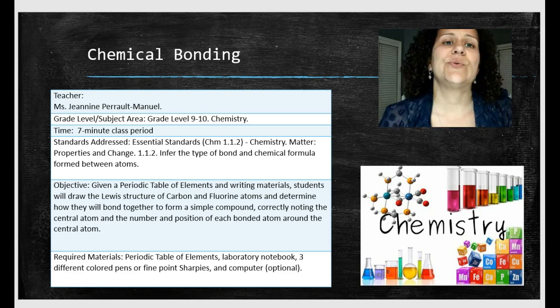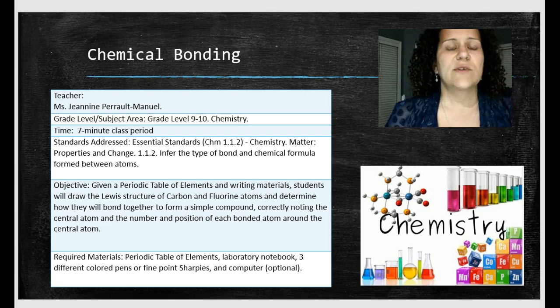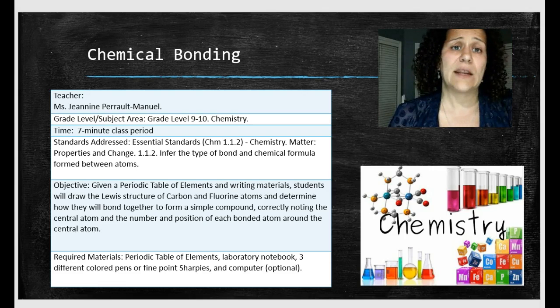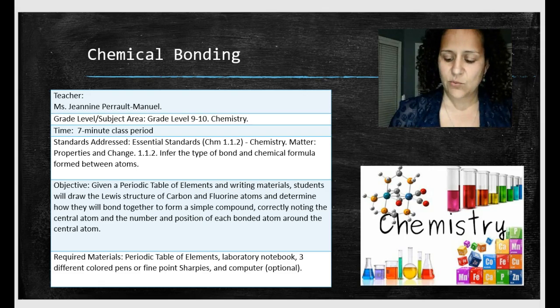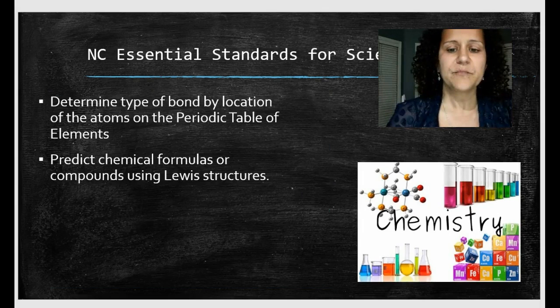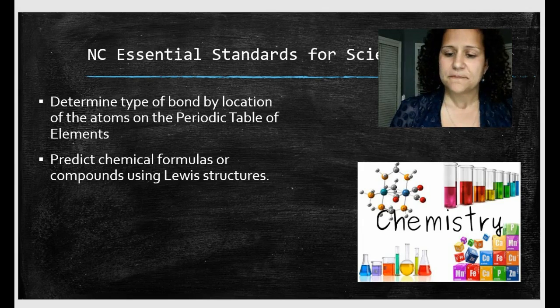Now, it's up to you to decide which of those atoms is the central atom and which ones are the bonded atoms, and how many of the bonded atoms are going to be in that chemical formula. So we will go over this really quickly. So you will determine type of bond by location of atoms on a periodic table and predict chemical formulas or compounds using your Lewis dot structure.